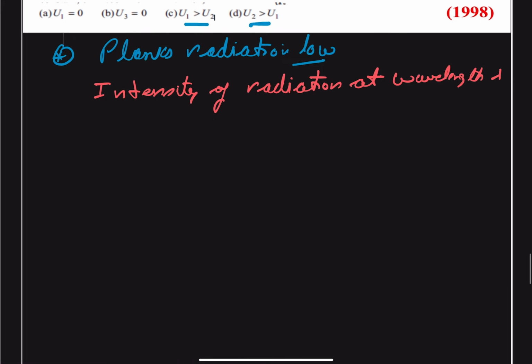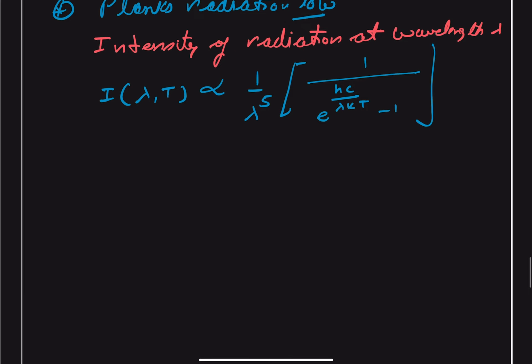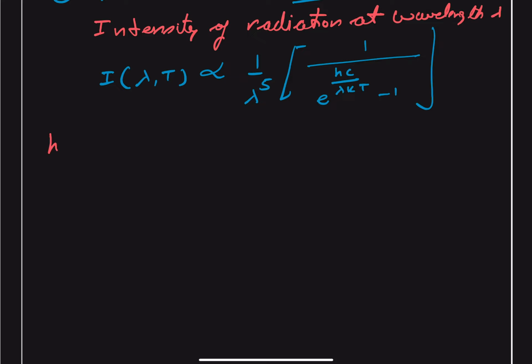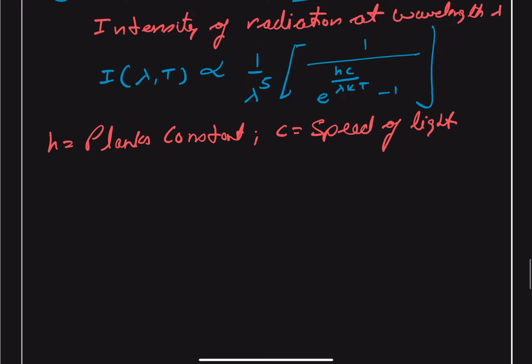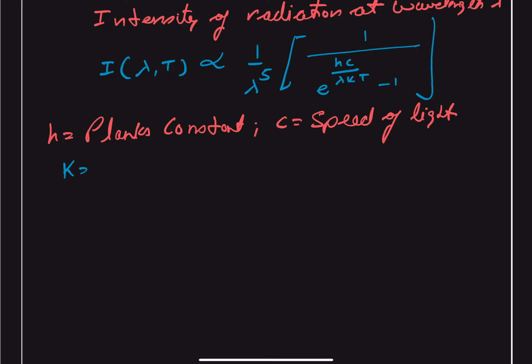It is given as I lambda with respect to temperature, proportional to 1 upon lambda to the power 5, times 1 divided by e raised to power hc divided by lambda kT, minus 1, where h is the Planck's constant, c is the speed of light, k is the Boltzmann constant, and T is the temperature.